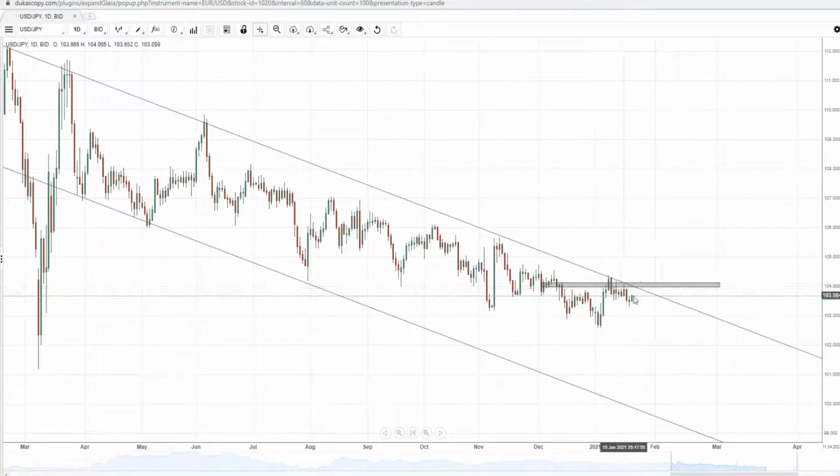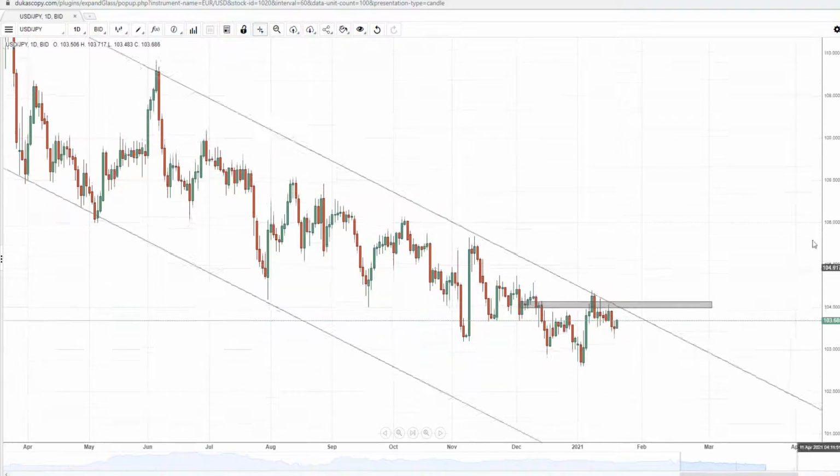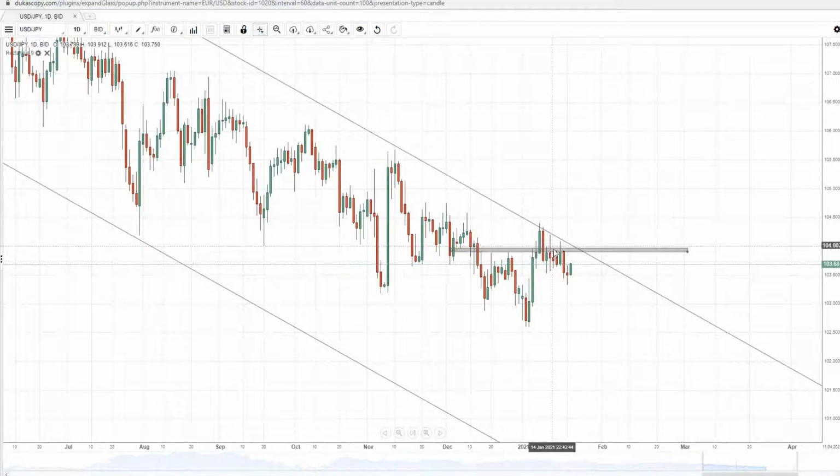So let's be very cautious of this level. Be very cautious of this level, let me reduce it a little bit. Yeah, this level.